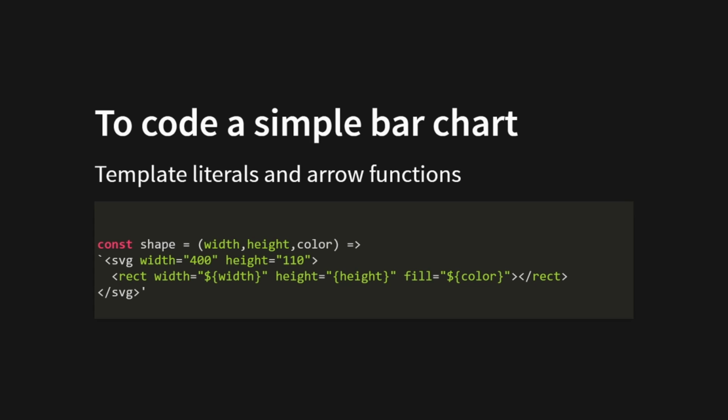You can use that as a handy way of constructing your HTML templates. So in this example, I am creating an SVG element with the width, height and color injected into it. Then I can use this returned value to render on our app.